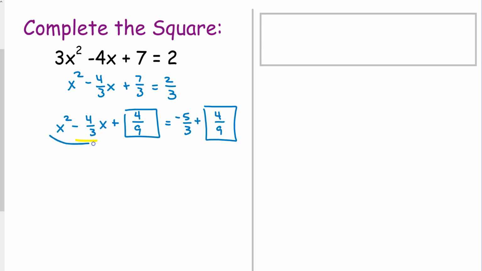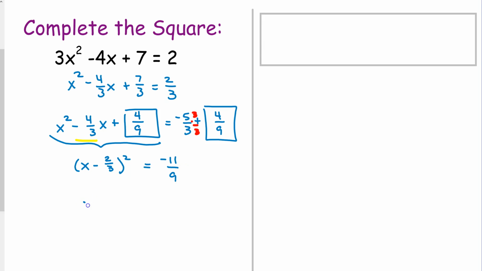Now we have a perfect trinomial square, and it factors into x minus 2/3 quantity squared. On the other side, we can add these two fractions together. To get a common denominator, I'm going to multiply by 3/3 on my first fraction. So now that's going to be negative 15/9 plus 4/9. We have negative 11/9.